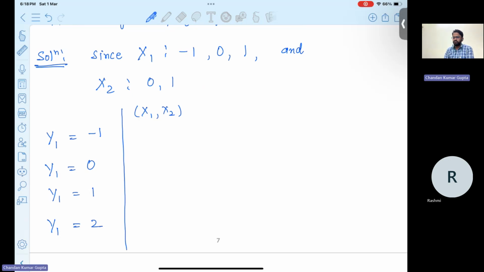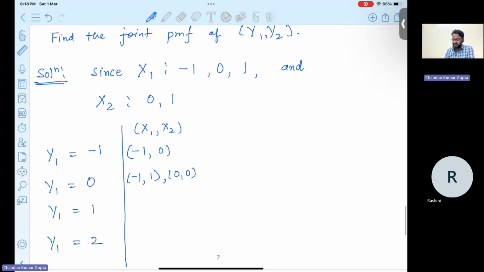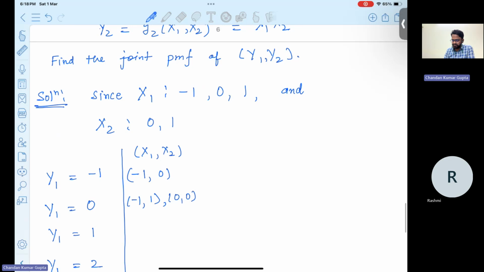For example, here we have the ordered form for y1. Suppose this is the case, x1 equal to -1, x2 equal to 0. In that case, the value of y1 is defined as x1 plus x2. So -1 comes out when it is (-1, 0). y1 equal to 0 comes out when it is either (-1, 1) or (0, 0).